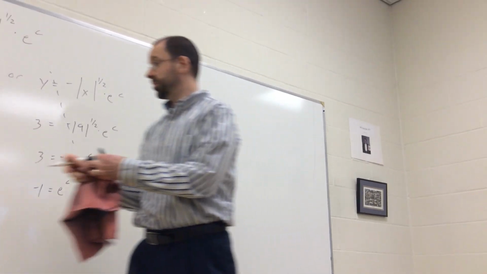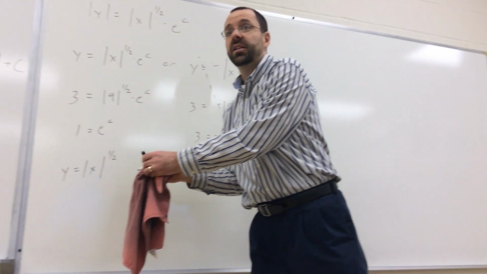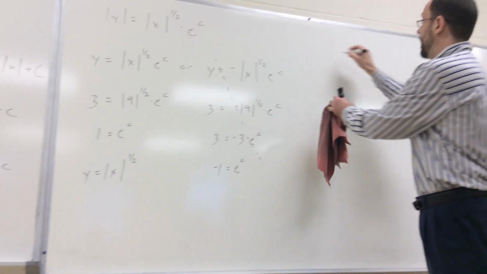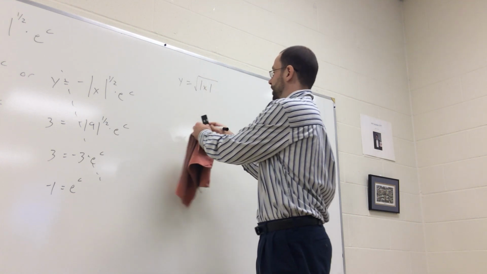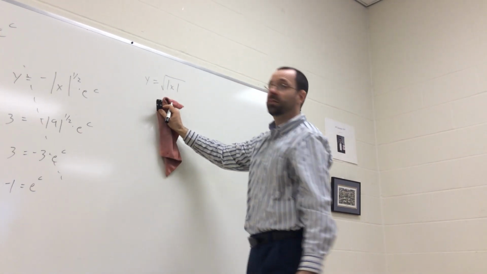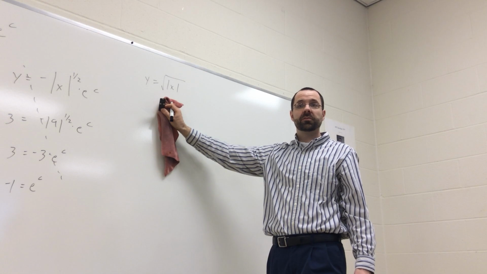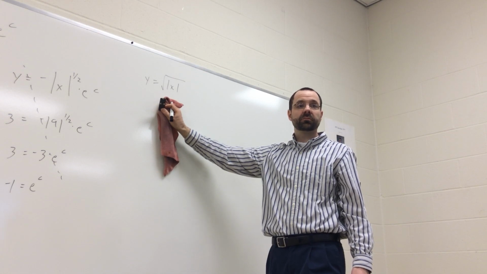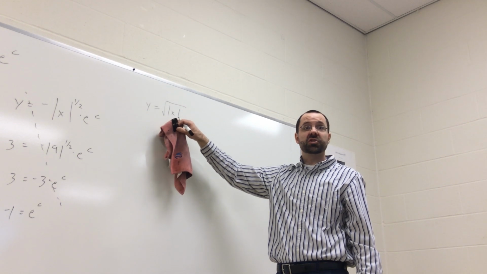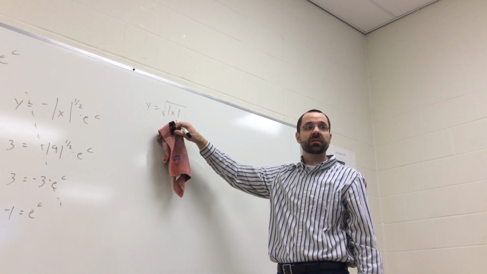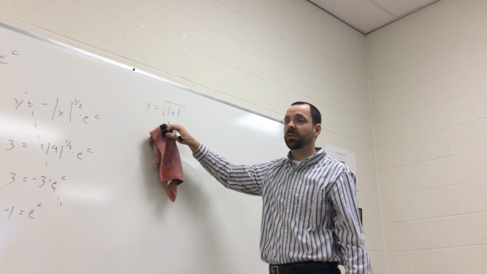Okay, so here's our final answer. y equals absolute value of x to the 1/2. Another way to write that is y equals the absolute value of x square rooted, right? Now, if x is positive, this is just the square root of x. Does this look like the graph of square root of x?